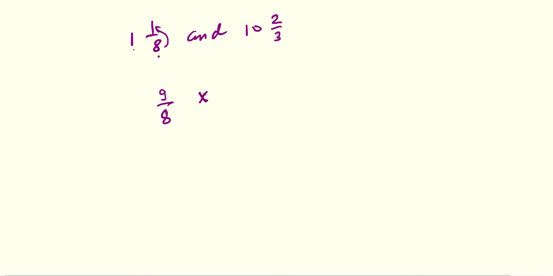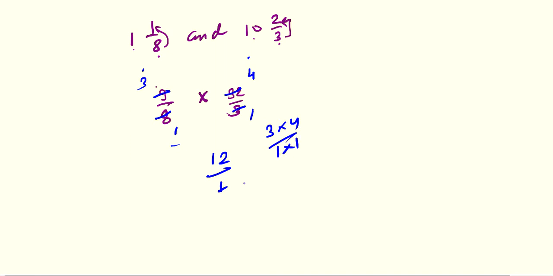Multiply, that means into. 10 into 3, 30, 30 plus 2, 32, so 32 by 3. Now 9 and 3 you can reduce, and 8 and 32 you can reduce. So 3 ones are 3, 3 threes are 9, 8 ones are 8, 8 fours are 32. So 3 into 4, 12, upon 1 into 1, 1. So 12 by 1, only 12 you can write. Okay. So in this way you have to solve question number 1 and question number 2.